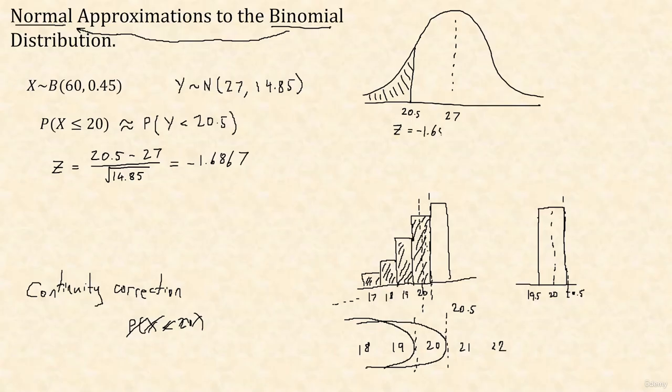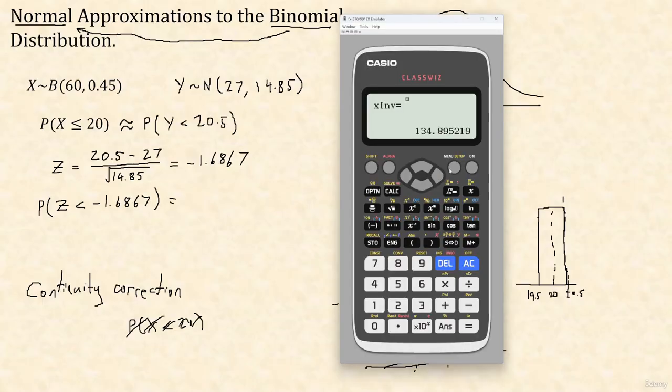And now I can just use either tables or the calculator to solve this. So I'm just going to use the calculator. The probability that z is less than minus 1.6867. Well, let's just go to menu and the normal CD. Lower, well, it's unbounded on the lower end, so that.